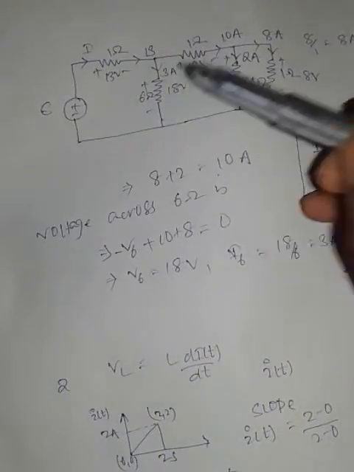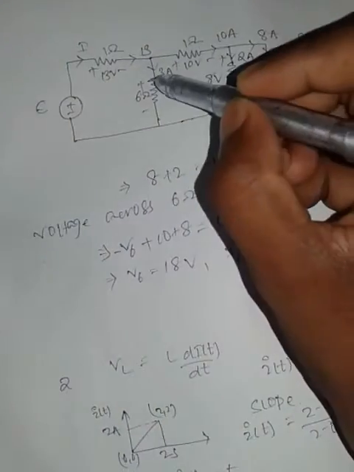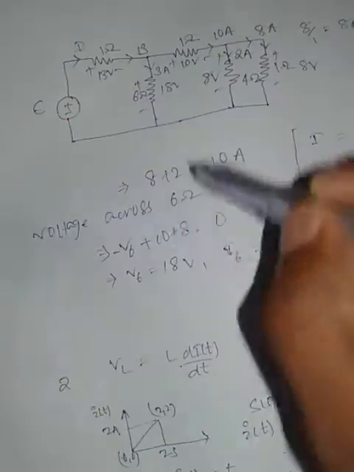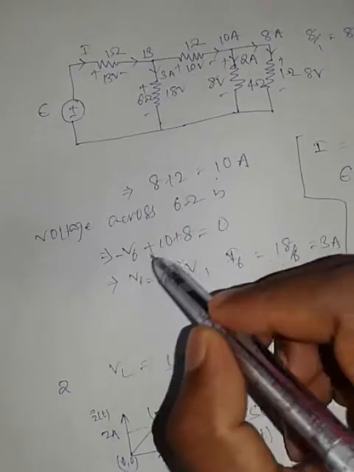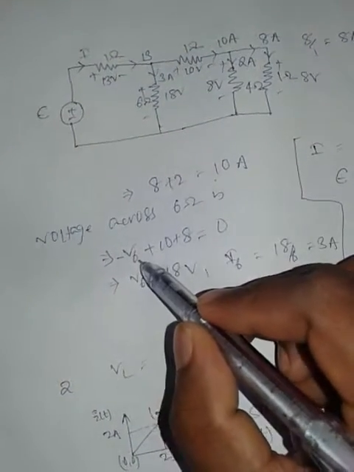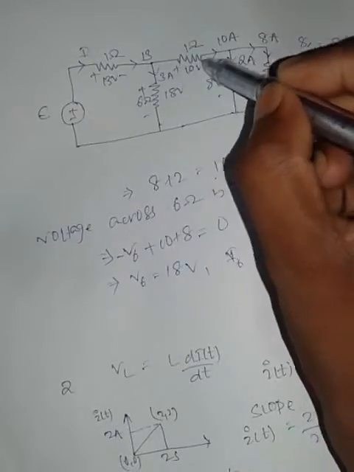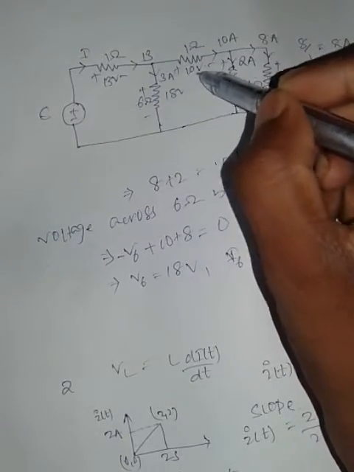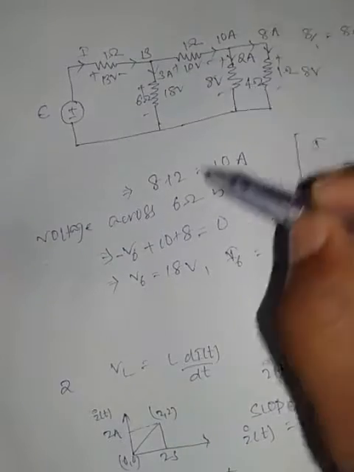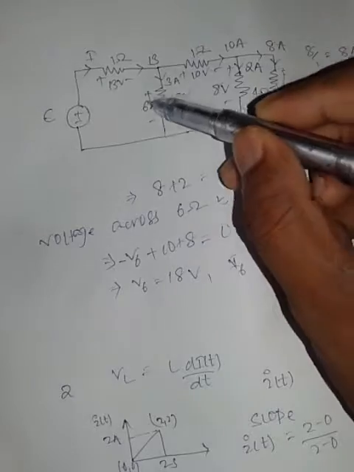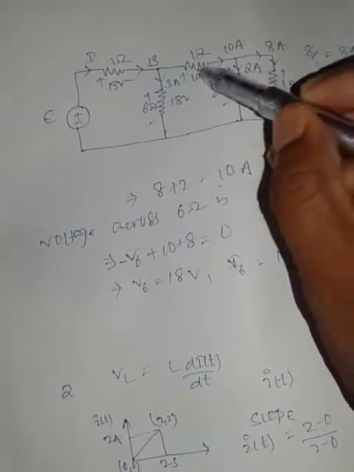This we don't know, that's why minus V6, because this is a plus sign and this is a minus sign. So minus V6 plus 2 plus 10 volt plus 8 volt. So V6 is equal to 18 volt, because the voltage drop across will be the sum of these two voltage drops.